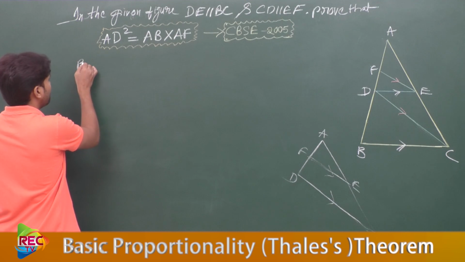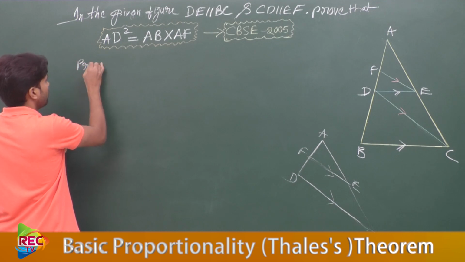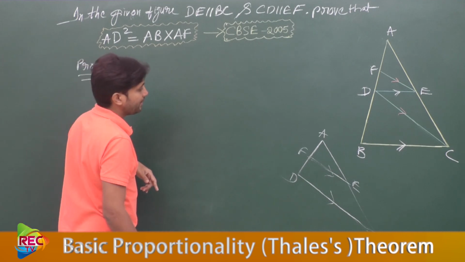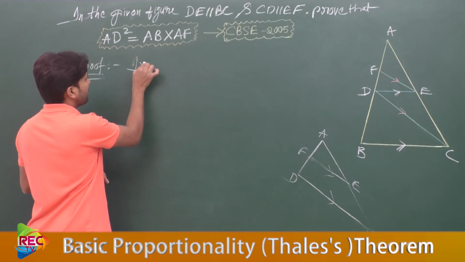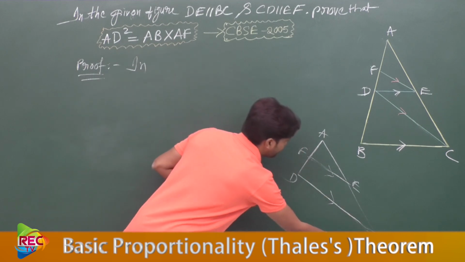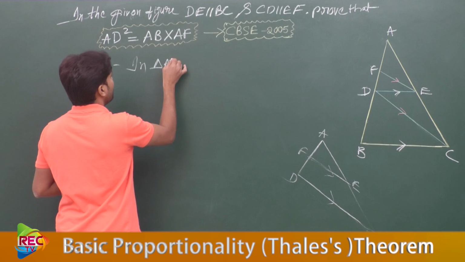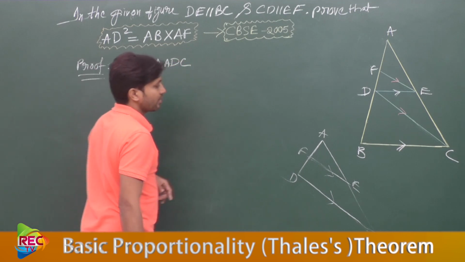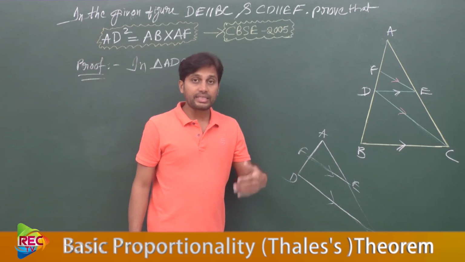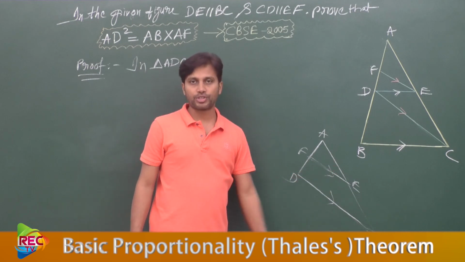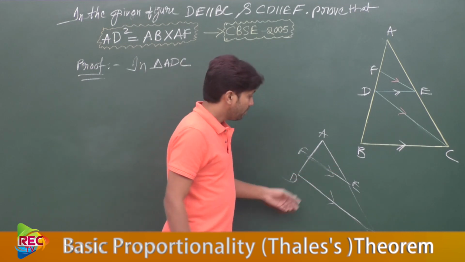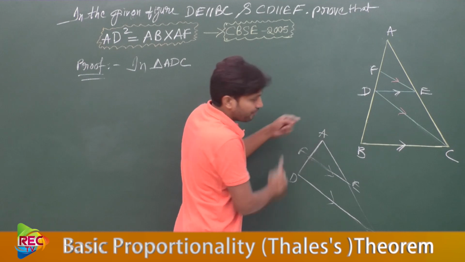Now we start writing the proof. In triangle ADC, now we are applying the result of the corollary of the basic proportionality theorem or Thales theorem, right?